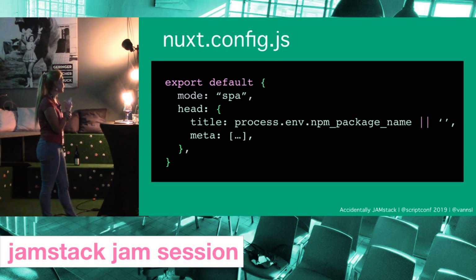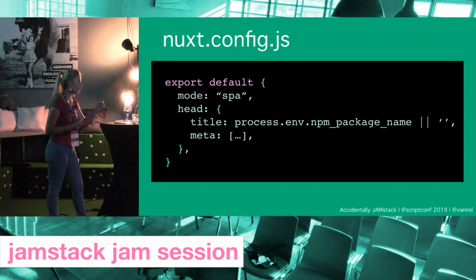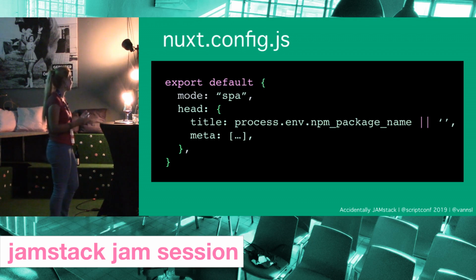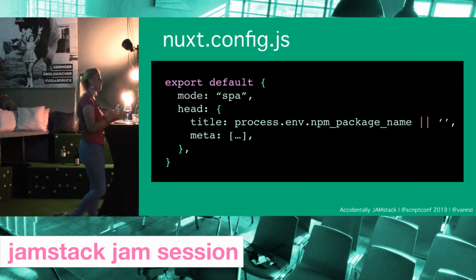And then I also saw this key, head. And I'm sitting there, head, SEO. Oh yes, I need a title, I need a meta description. Nobody was there but Nuxt to tell me that I should not forget about these things that I usually don't think about when writing microfrontends or very old code bases, because you have all the titles already there. But if you still forget them, you will just have the name of the package as a title.